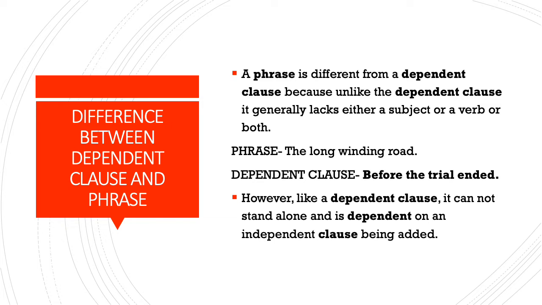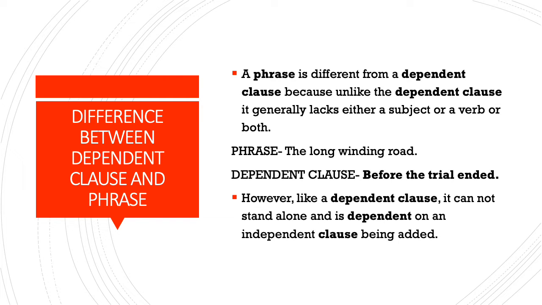So, as we said, a dependent clause has a subject, has a verb, but the meaning is incomplete. A phrase can have either a subject or a verb. So both subject and verb cannot be present in a phrase. In a dependent clause, both subject and verb are present. But in both the cases of phrase and dependent clause, the meaning is incomplete.